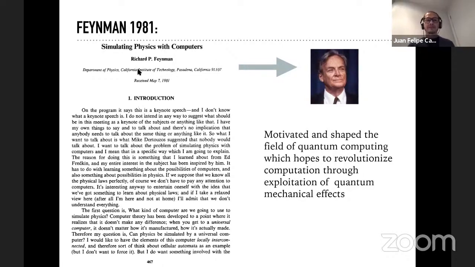Feynman has this paper where he proposed simulating physics with quantum computers. So basically it motivated the field of quantum computing, in which we hope to revolutionize computation through exploitation of quantum mechanical effects. So this is a seminal paper. It's not really a paper, it was more like a keynote speech in the 1980s by Feynman, where this idea of quantum computers was introduced.